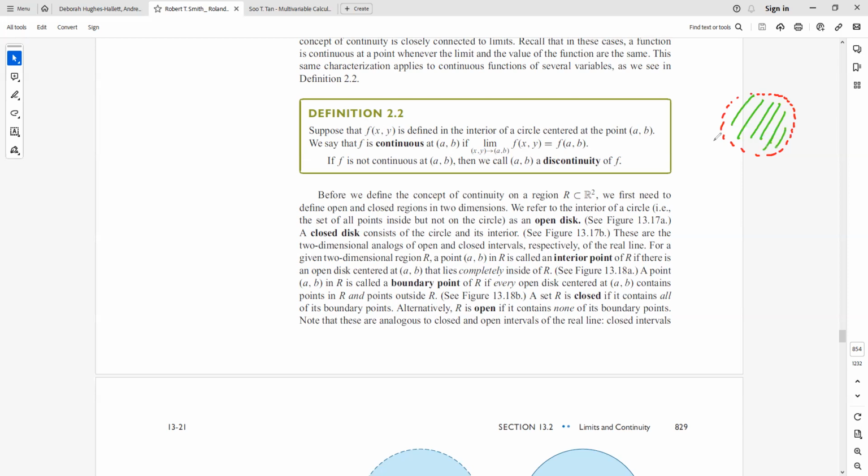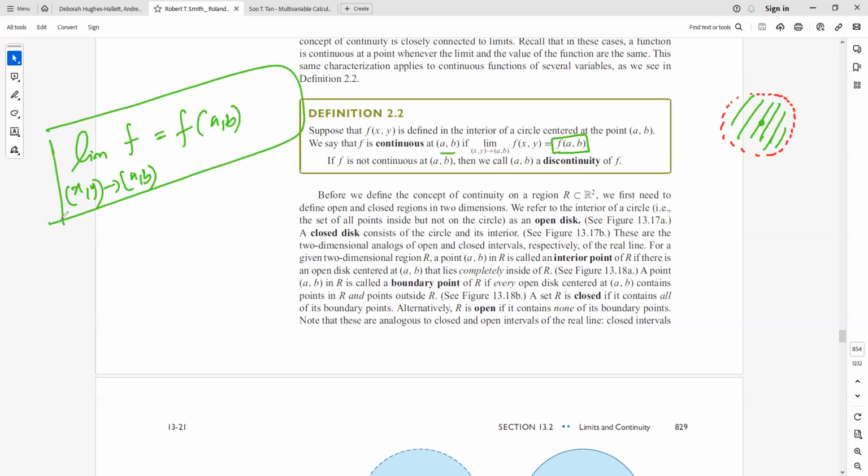So we know that a function is defined in the interior of a circle centered at point a, b. We say that f is continuous at a, b if the limit is equal to the value of the function at that point. That is, the limiting value of the function at that point should be equal to the value of the function at that point.